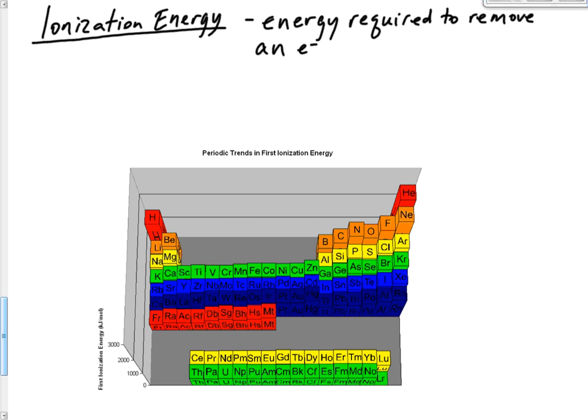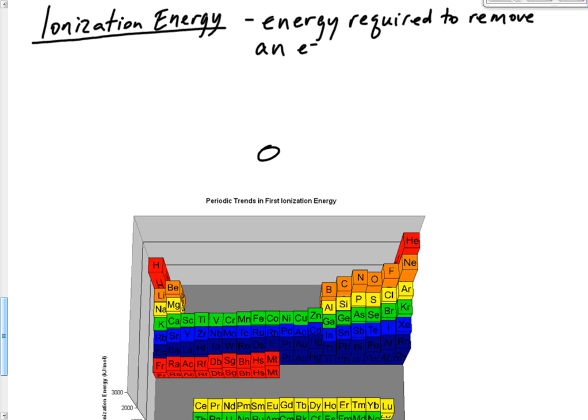There's first ionization energy, and there's second and third and so on. We're only concerned with the first one. And this, as you can see from our picture down here, increases left to right, and then it also decreases going down.